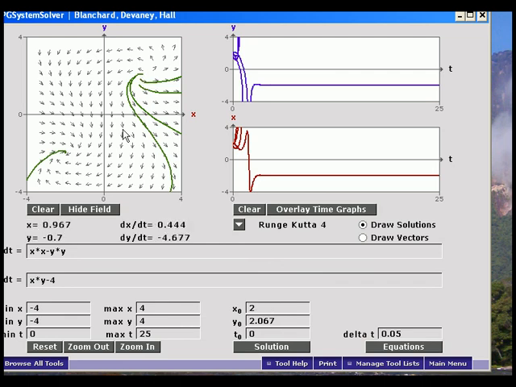Notice this one gets blown away and then eventually gets sucked into the other one. So this looks like a source, because if you start anywhere close to it, you get blown away. If you start anywhere close to the other one, you get sucked in. So this looks like a sink, and that looks like a source, at least experimentally. We'll confirm that this is a source and this is a sink in chapter 5 analytically.